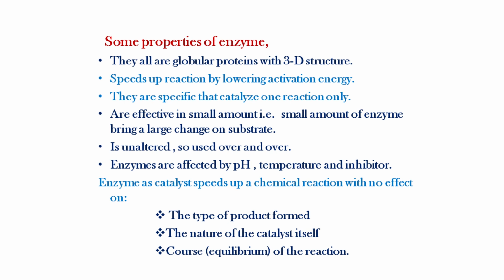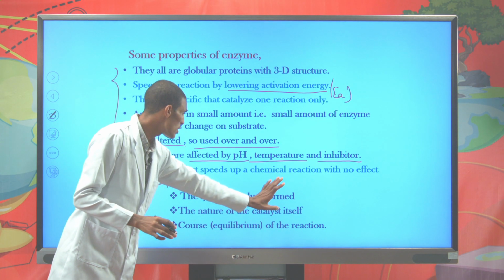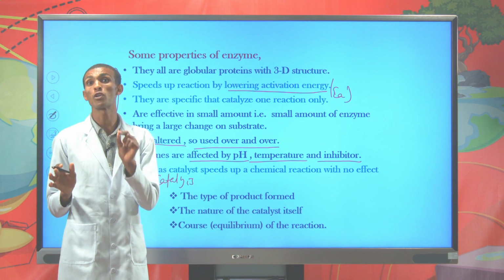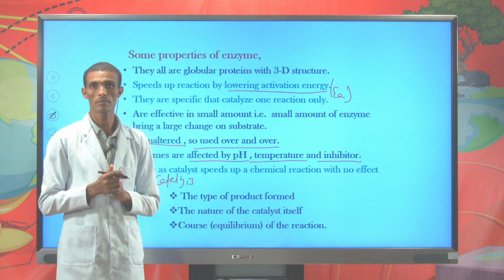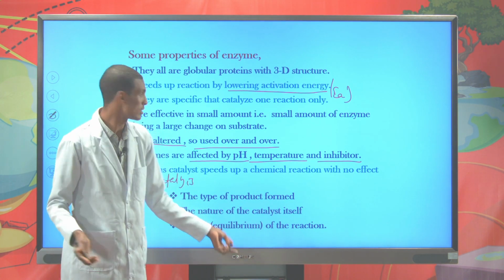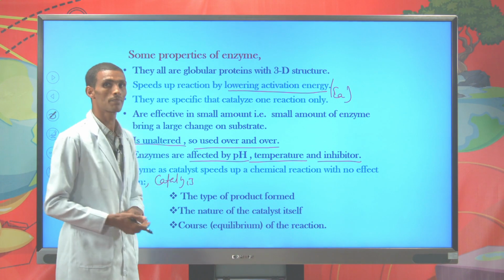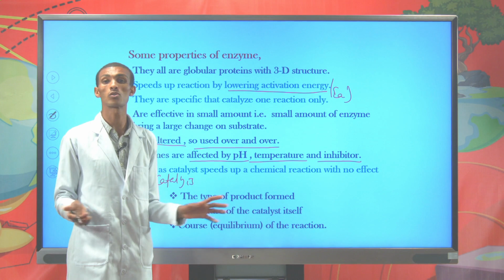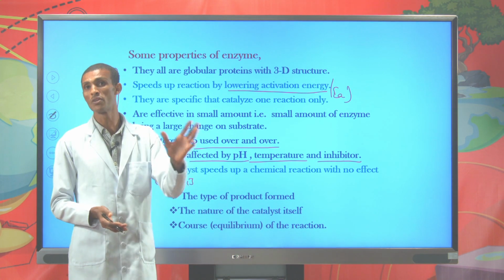When an enzyme catalyzes a certain chemical reaction, as a result of catalysis, the following are not changed. First, an enzyme does not affect the type of product formed. The only target of an enzyme is to speed up the rate. Again, the nature of the catalyst itself is not changed, it remains unaltered. And enzymes cannot change the course or direction of the reaction.